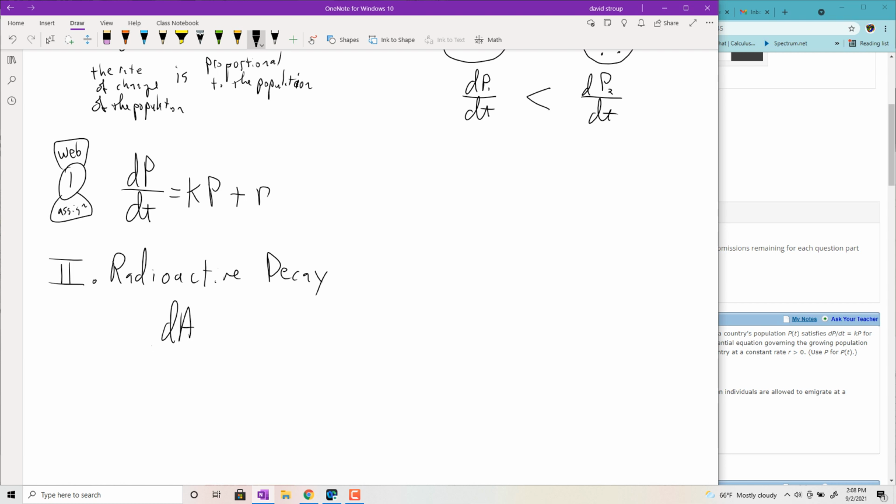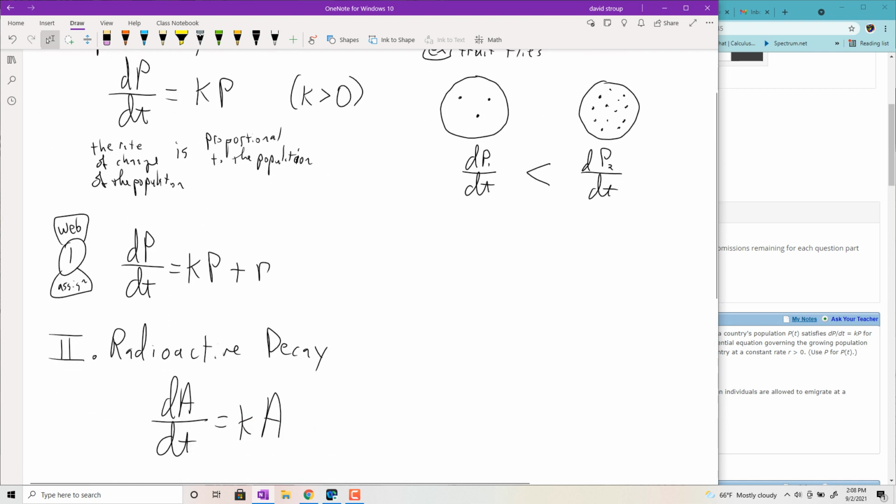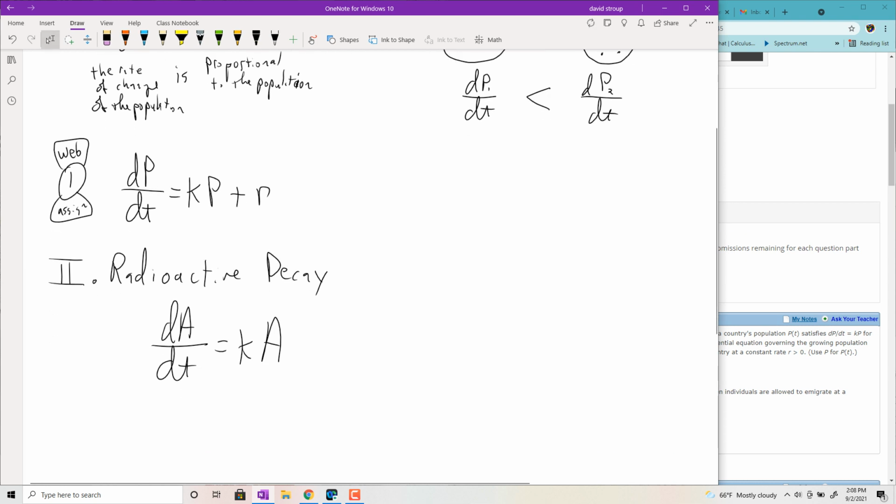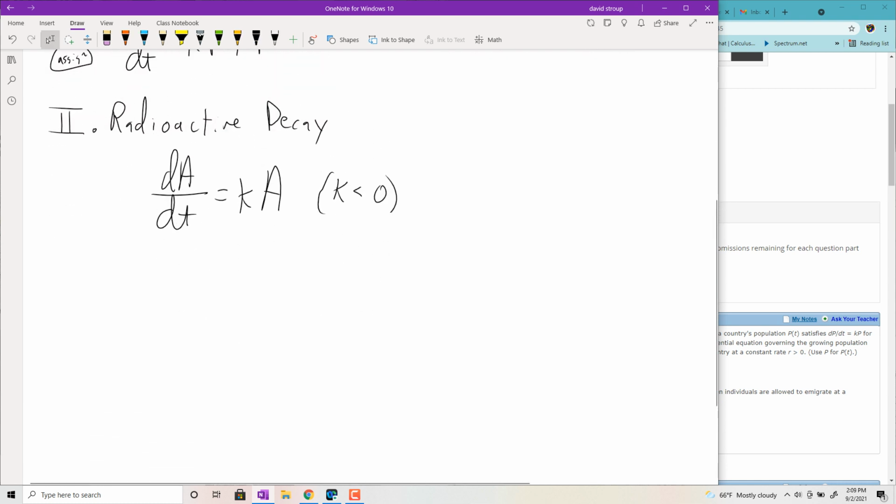So here, radioactive decay will say the rate of change in the amount of radioactive substance is proportional to the amount of radioactive substance. Okay, so the same formula from above, just different letters. And of course, in this case, the k value is going to be negative. The rate is going down. You can think of it. So, yeah, just don't let that confuse you.